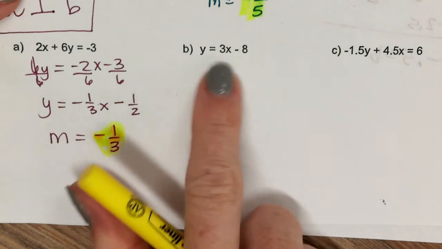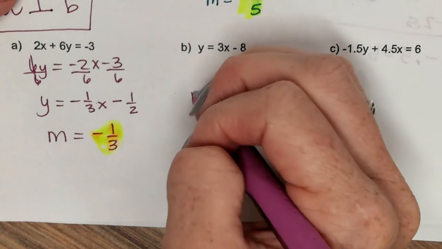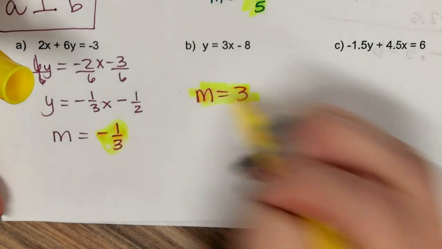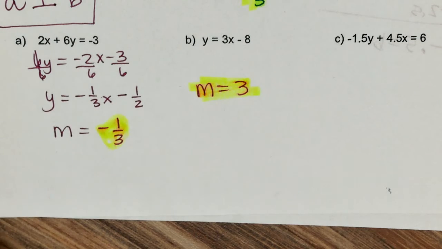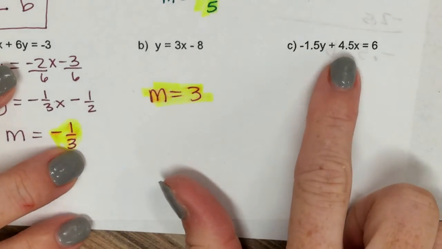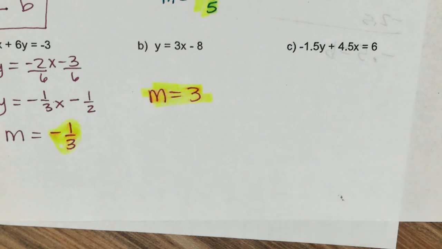Do I need to rearrange this one, or is it already done? All right, what is the slope? 3. Do you already see something? What are those two? They're perpendicular. All right, but we got to go do this one because it might be something to these two, okay? So I got to go rearrange.